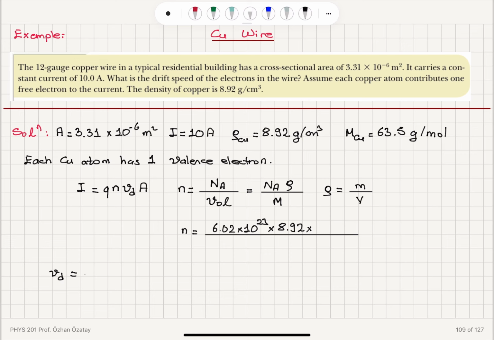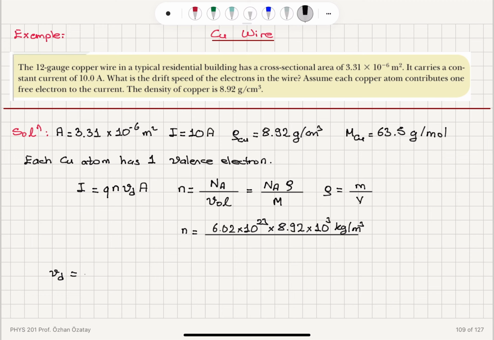So if I convert grams to kilograms, I have to multiply it by 10 to minus 3. And 1 centimeter is 10 to minus 2 meters, so this gives me 10 to minus 6. So 10 to minus 3 divided by 10 to minus 6 will become 10 to plus 3. So this is 10 to 3 kilograms per meter cube.